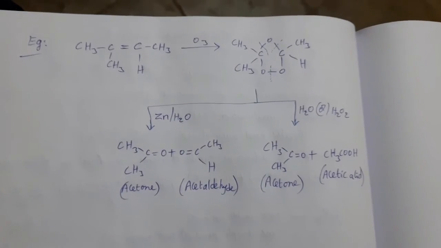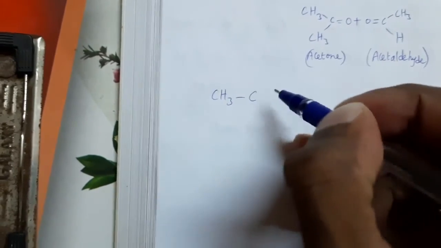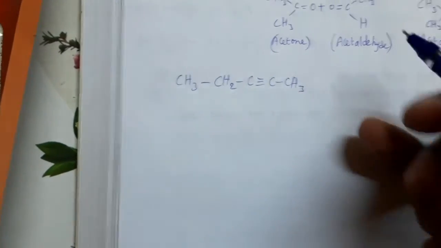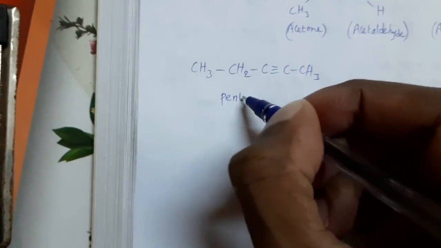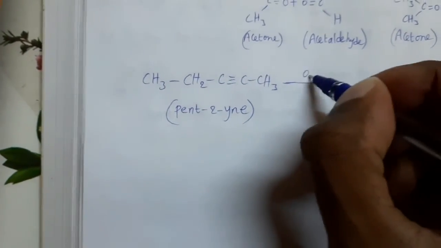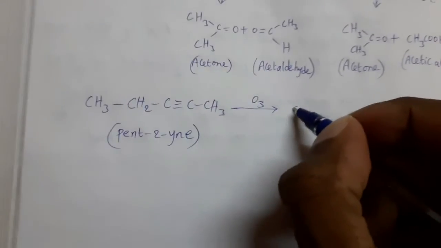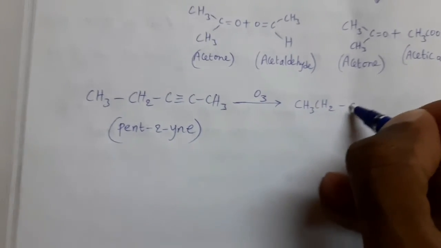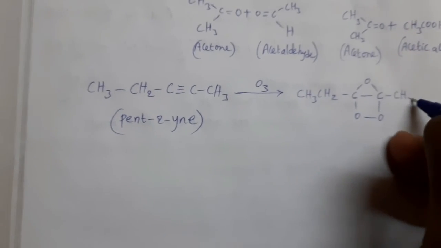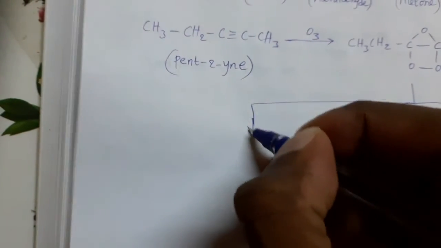Now take alkynes. An example for alkynes, CH3, C triple bond C, CH2, CH3, this one. What is this? Pent-2-yne. Pent-2-yne is treated with ozone. Then we can get ozonides, CH3, CH2, C. This ozonide undergoes reductive ozonolysis and also oxidative ozonolysis.